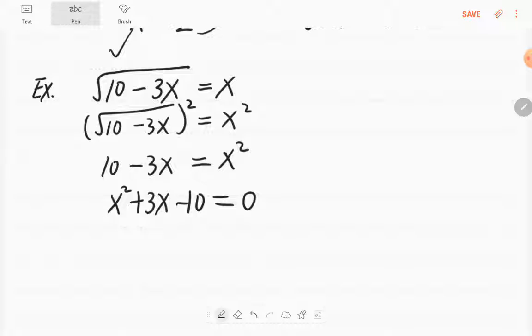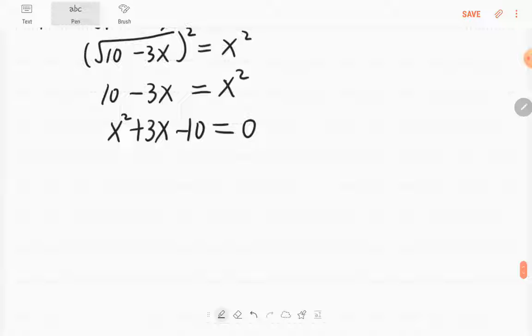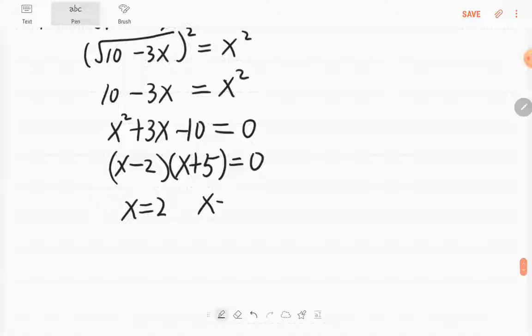So we can factorize it. Of course, you can use the quadratic formula. This is x minus 2, x plus 5 equals 0. So you will have x equals 2 and x equals negative 5. But keep in mind, we need to check your solution, right?